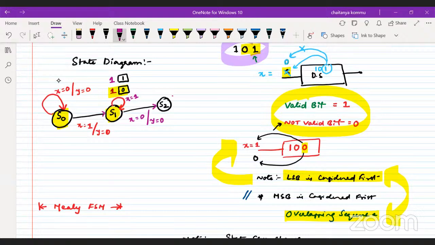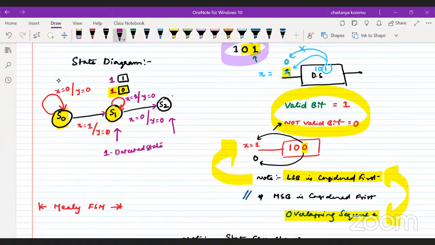So this particular state, we can call it the one detected state. Therefore, here we observe that we already decided 1-0 has been detected, right?